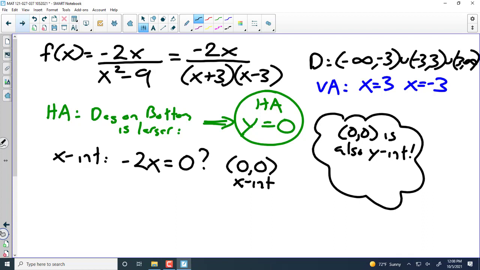So what do we know about this graph? We know where we have our vertical asymptotes. We know where our horizontal asymptote is. And we know that we have one ordered pair at (0, 0). So we're ready to start drawing a graph.